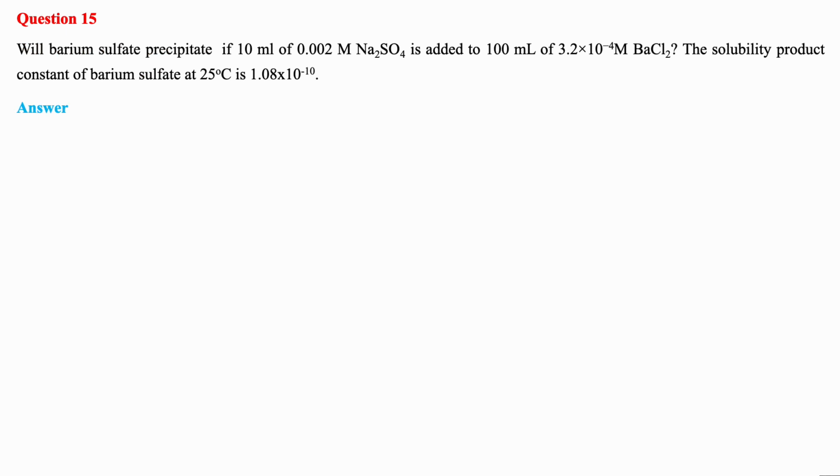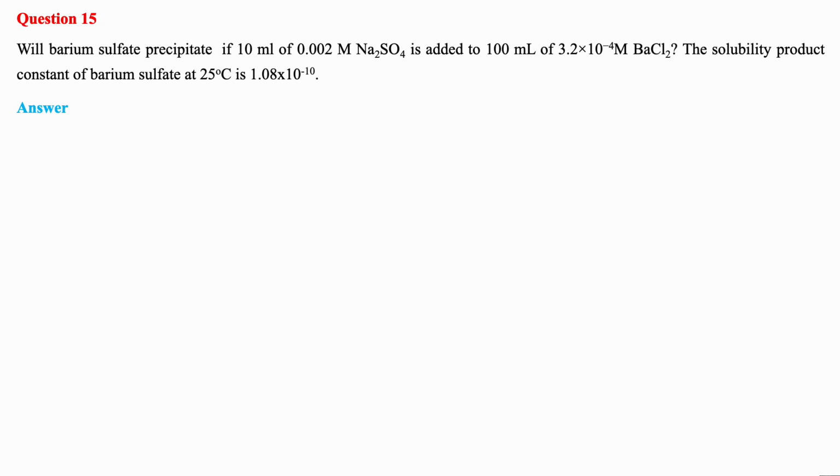Let's quickly move to question number 15. Question number 15 says we have 10 milliliters of 0.02 molar sodium sulfate, which is added to 100 milliliters of 3.2 times 10 power negative 4 molar barium chloride.